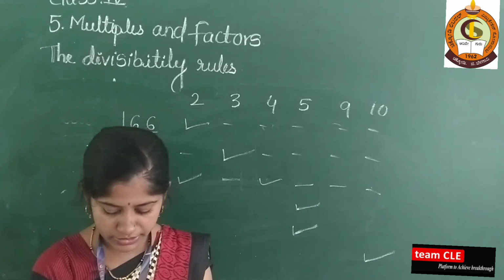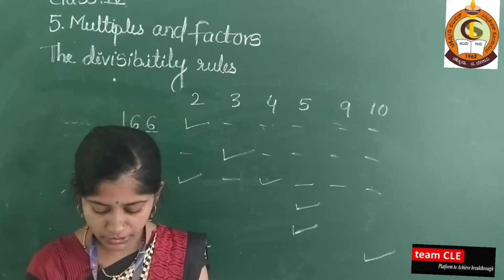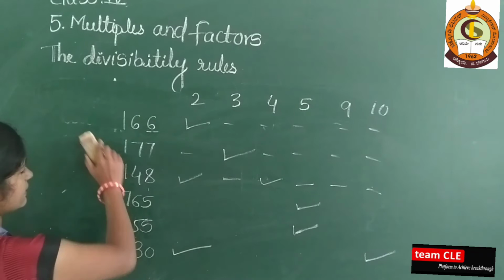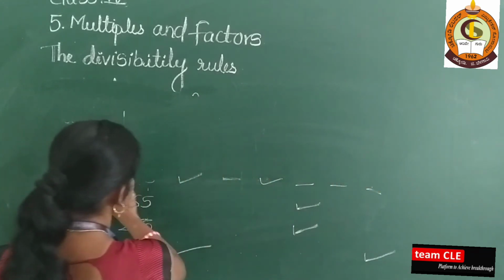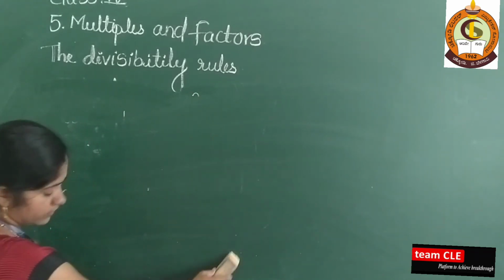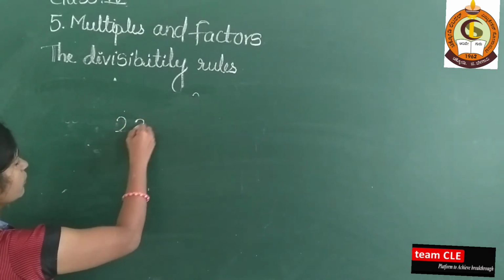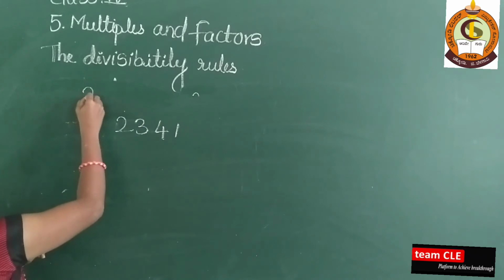Which smallest digit will you add at the end to make these numbers divisible? See here, first one like this it is there. 2 3 4 1.